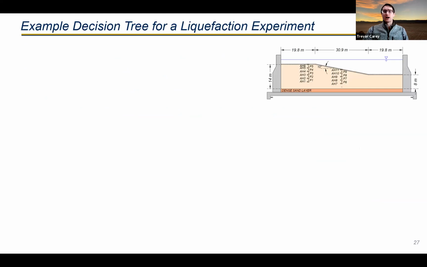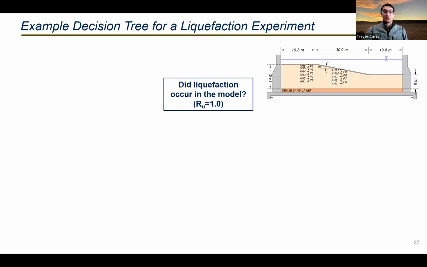So now I'm going to walk through the development of a decision tree for this experiment, the decision tree that we use to evaluate those different phases of testing and move up to the next phases of testing. For this case, we just said, did liquefaction occur in the model? And the criterion that we're going to use is just when the excess pore water pressure ratio, RU, is equal to 1.